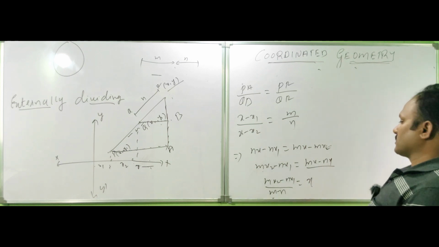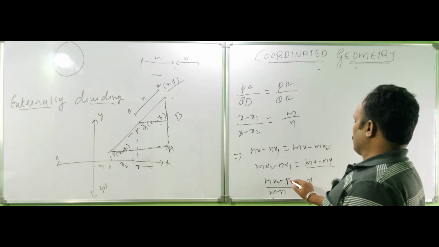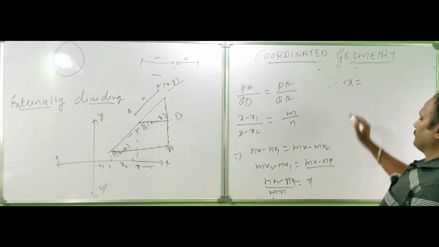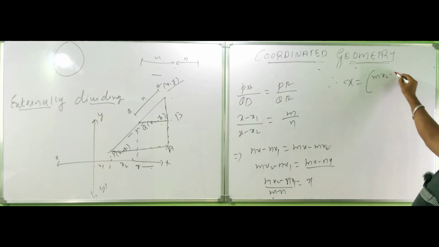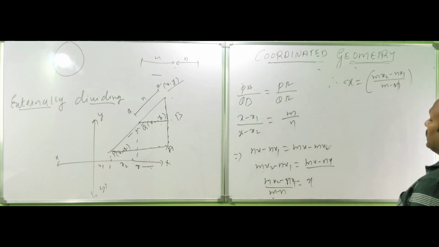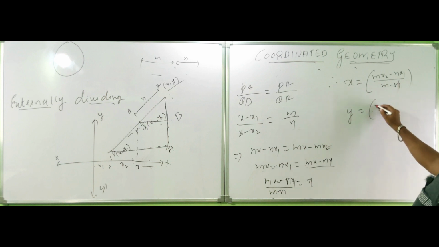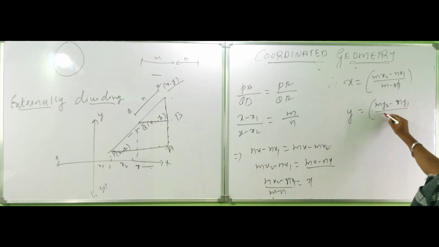So mx2 minus nx1 divided by m minus n is equal to x. X is common, I am taking out the common factor. Therefore, the section formula for external division: x becomes mx2 minus nx1 divided by m minus n. Similarly, for y we can prove my2 minus ny1 divided by m minus n.